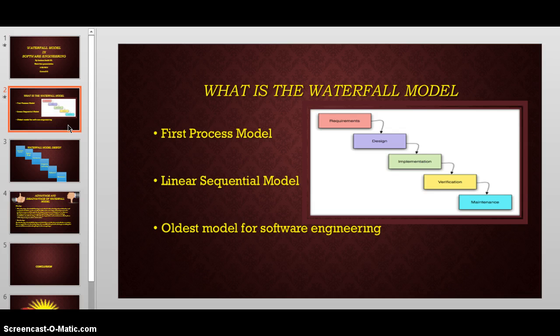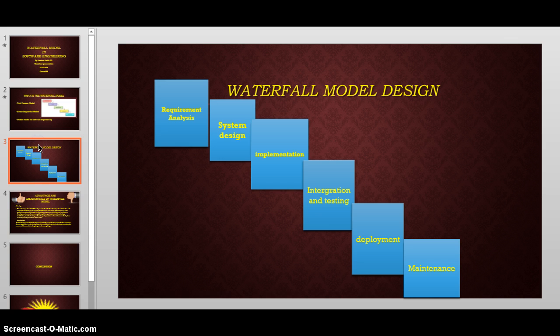This means that any phase in the development process begins only if the previous phase is complete. Waterfall approach was the first SDLC model to be used widely in software engineering to ensure success of the project. In the waterfall approach, the whole process of software development is divided into separate phases.